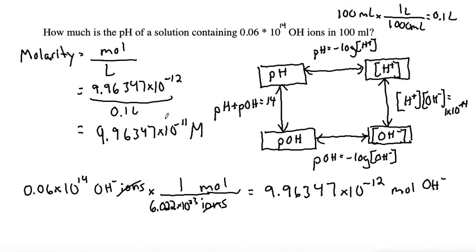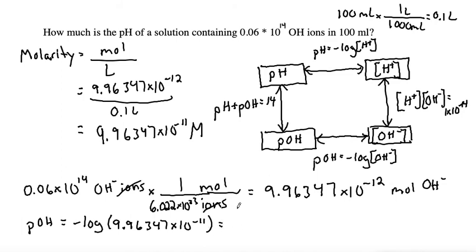Okay, so we found our molarity, and now we can plug that into our OH⁻ concentration. I'm going to use the strategy of first going to pOH. So pOH is equal to the negative log of the OH⁻ concentration in molarity, which we found to be 9.96347 times 10 to the negative 11.